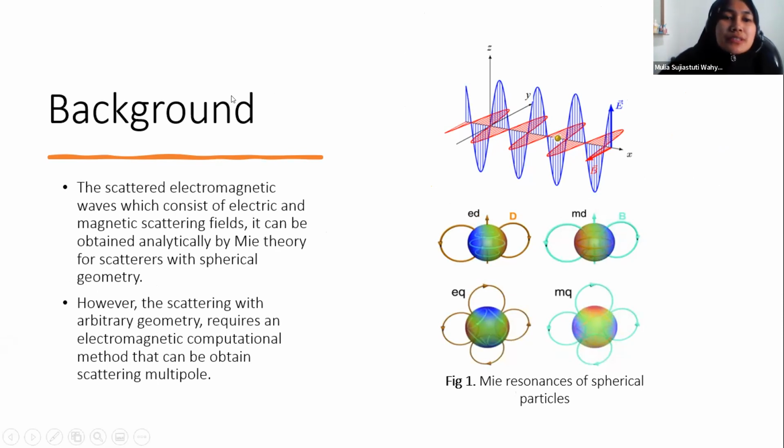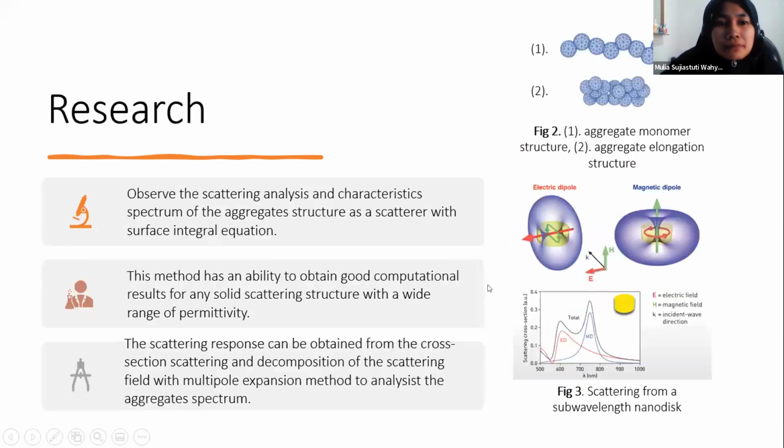The scattered electromagnetic wave, which consists of the electric and magnetic scattering fields, can be obtained by Mie theory for scattering with spherical geometry. However, for scattering with arbitrary geometry, we cannot use Mie theory, and so we require an electromagnetic computational method that can be obtained by scattering multipole.